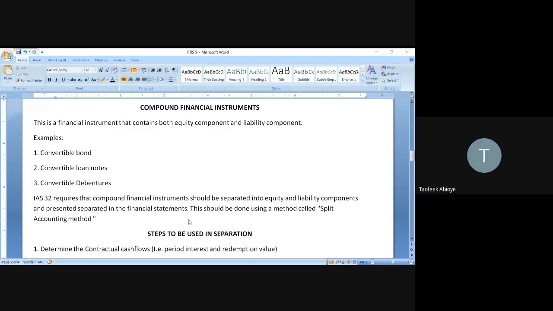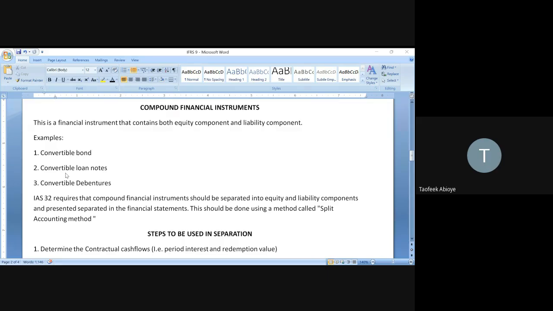Okay. So in the IFRS 9 context, they call it a compound financial instrument, because it has the characteristics of both equity and liability. Now, what is a convertible bond? You know, a bond naturally is a financial liability, it's a loan. Now they call it convertible. That means you have an option to convert that bond to equity.